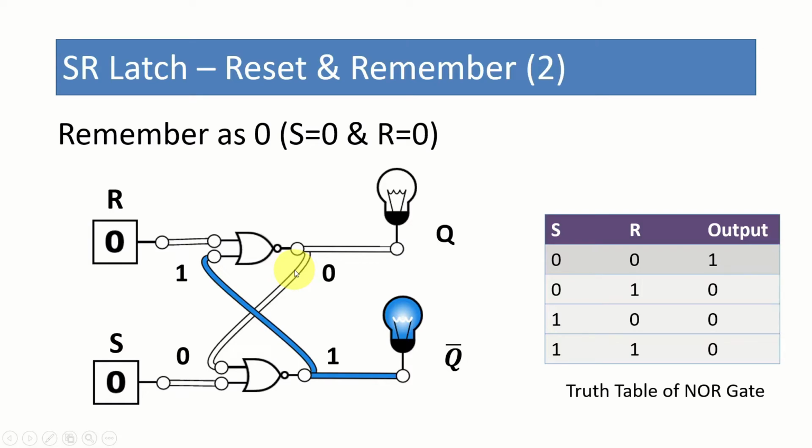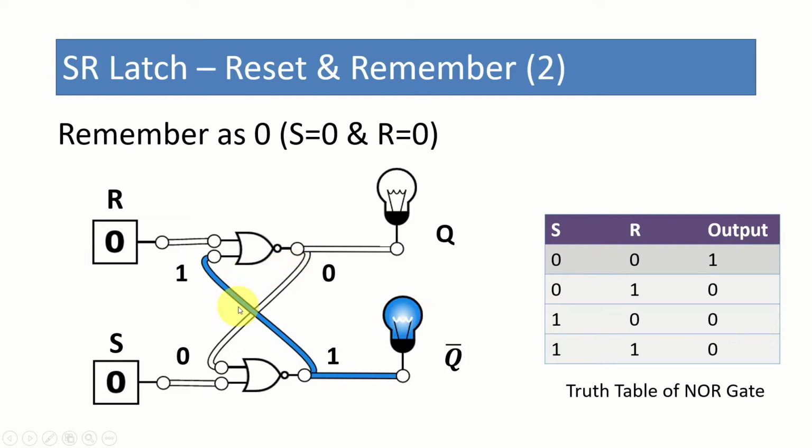That means when you set it and make both S and R 0, it is going to remain as 1. If you reset and make both S and R 0, it is going to remain in the reset state as well. So this gives us the functionality of a memory cell. We can reset it to 0 and retain it. We can set it to 1 and retain it.